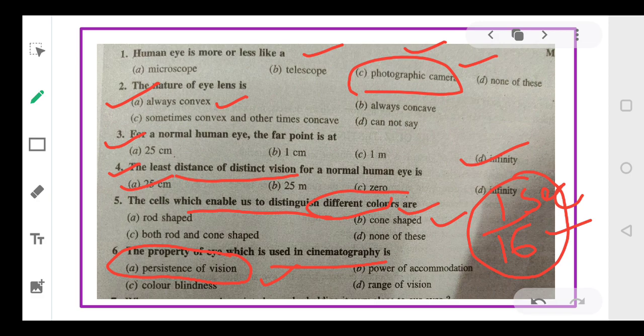The brain will not be able to distinguish these 2 images, and that is called persistence of vision. So in photography, in cinematography, when we are watching films, they are nothing but giving you photos.